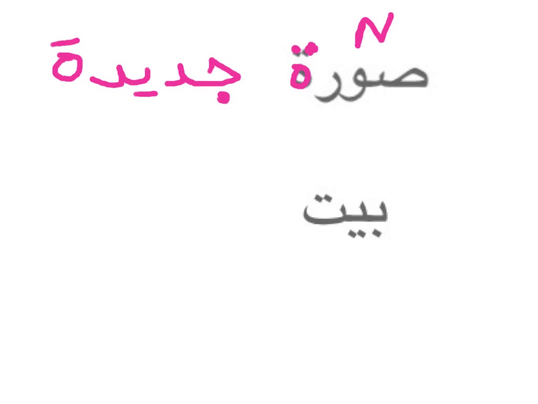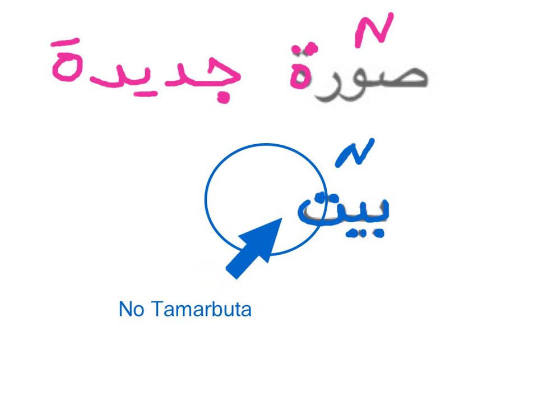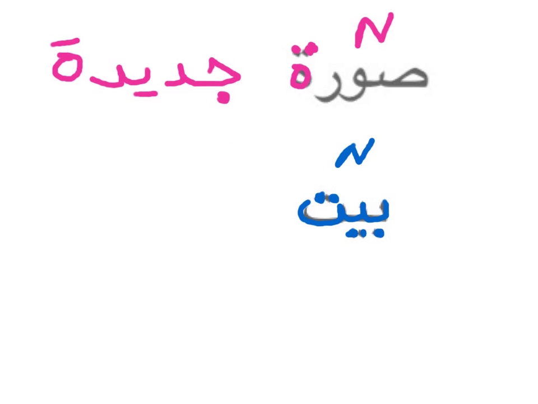The next example is a masculine noun, bayt. You see, there is no ta marbuta at the end, so it's masculine. So the adjective has to agree with the noun, so it should be masculine. We say bayt jadid. Jadid, as we explained earlier, is a masculine adjective.